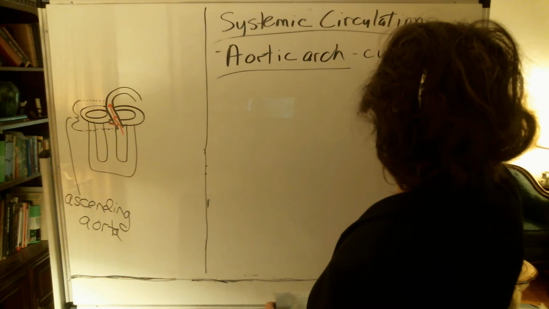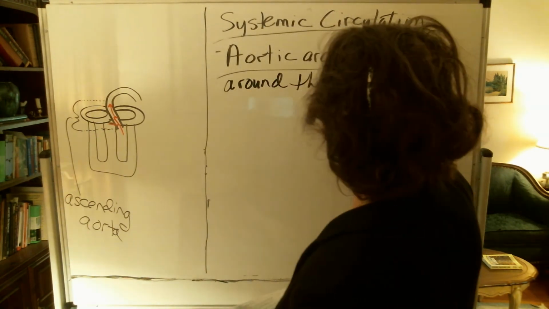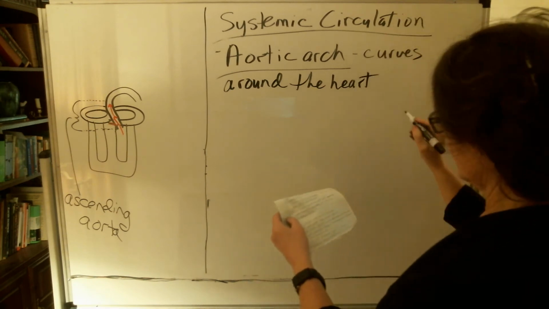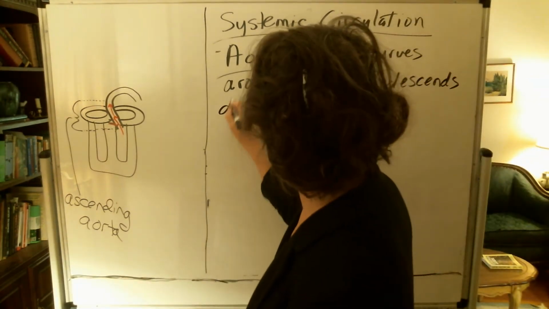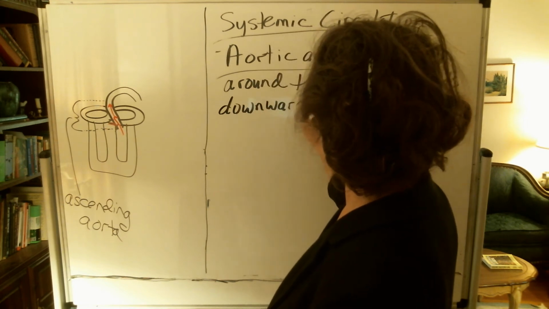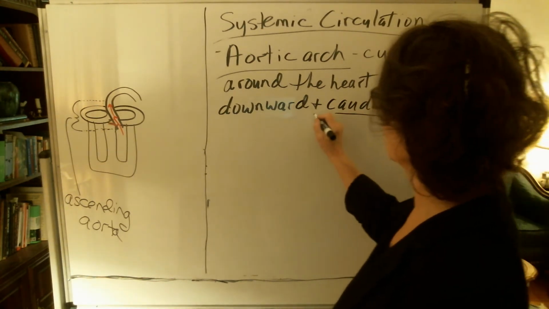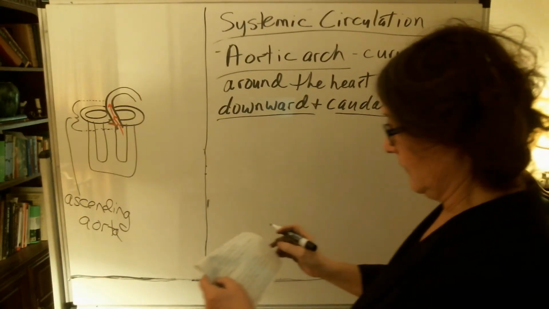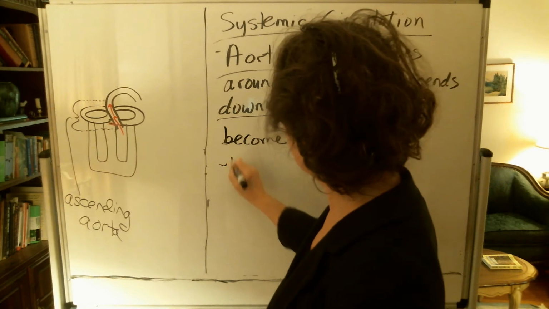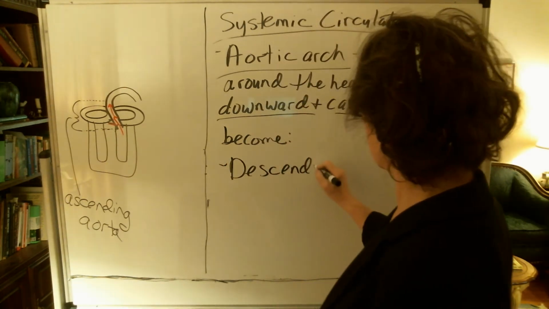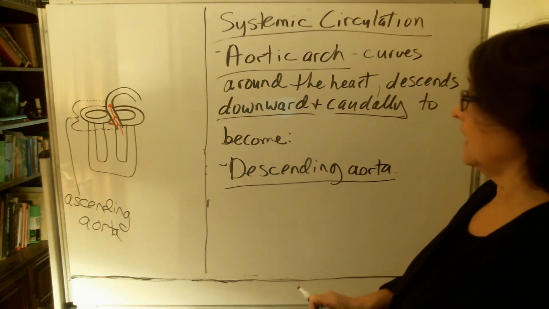And this curves around the heart and then descends downward and caudally to become then the descending aorta.